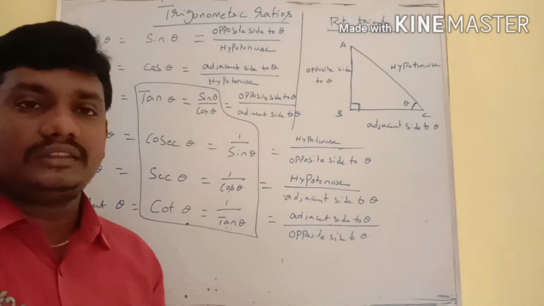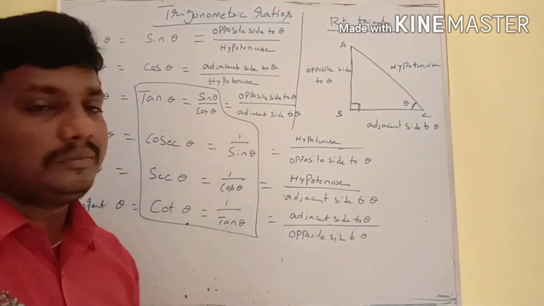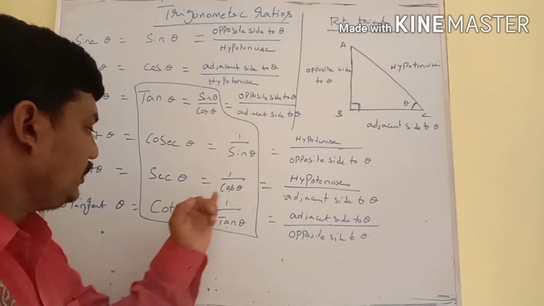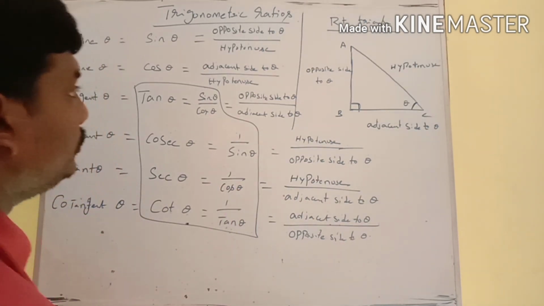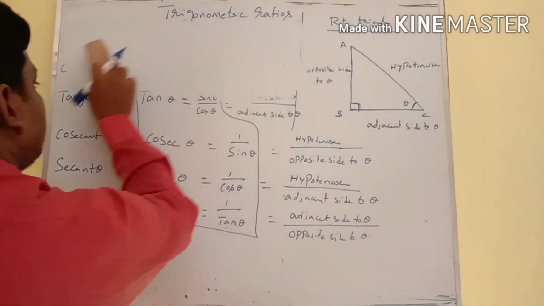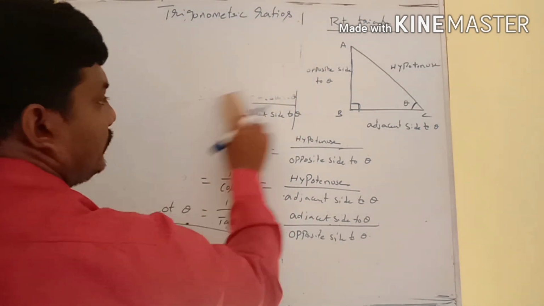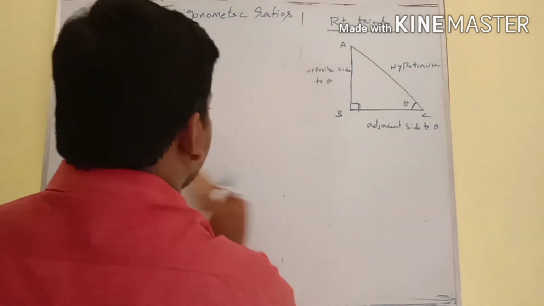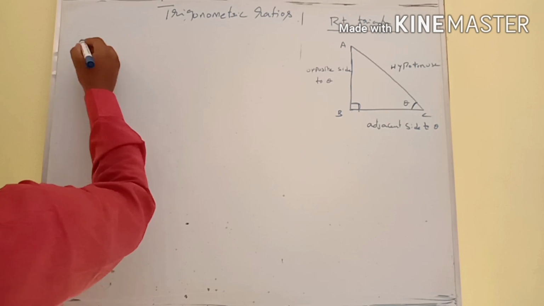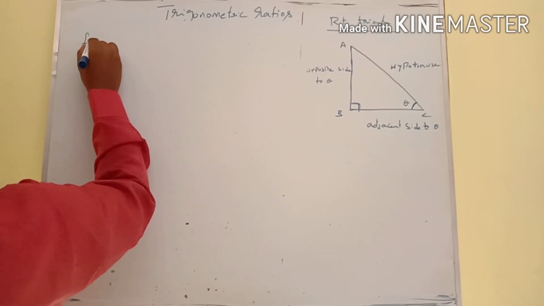Cosecant theta is equal to 1 by sin theta, secant theta is equal to 1 by cos theta, and cot theta is equal to 1 by tan theta. These are the reciprocal ratios. Now let us see the formulas for reciprocal ratios.